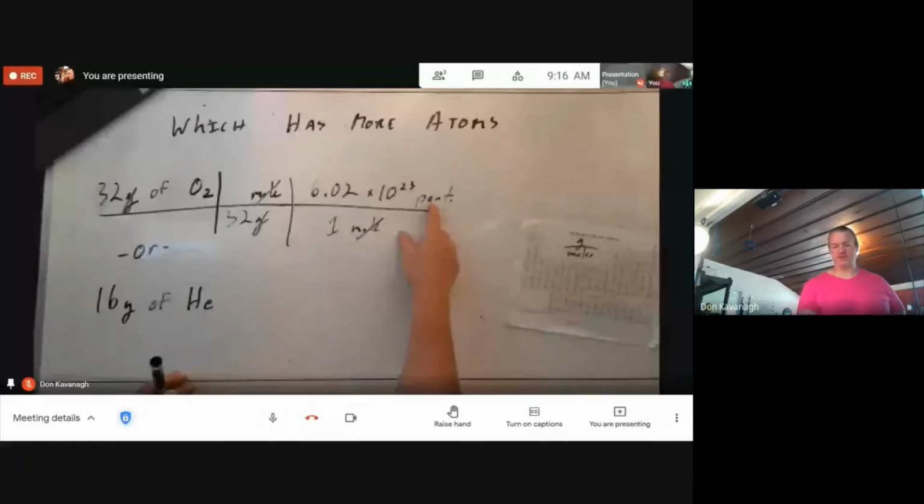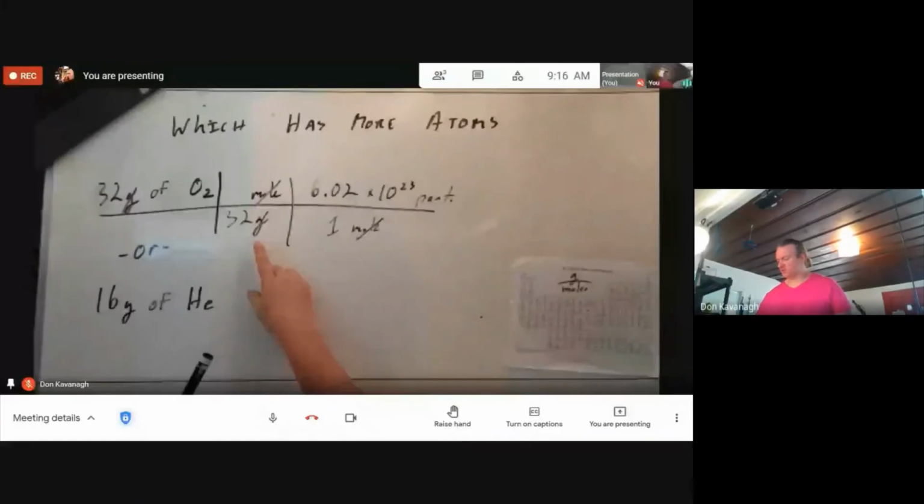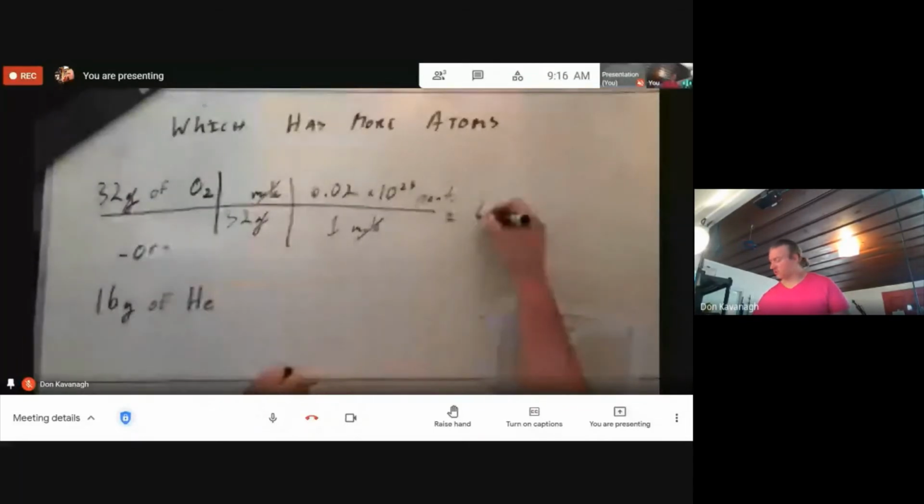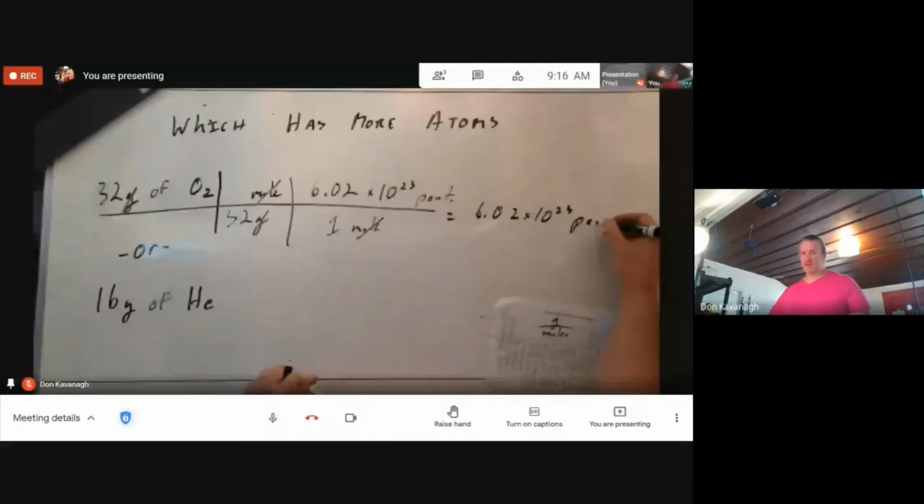If we punch all these numbers into our calculator, the 32s would cancel out, and our final answer would be 6.02 times 10 to the 23rd particles or molecules of O2. So 32 grams of O2 is that many O2 molecules, an extremely large number.